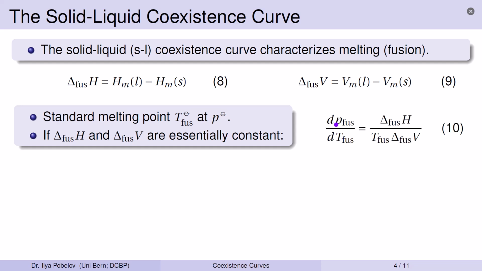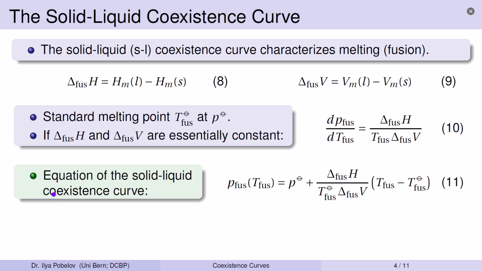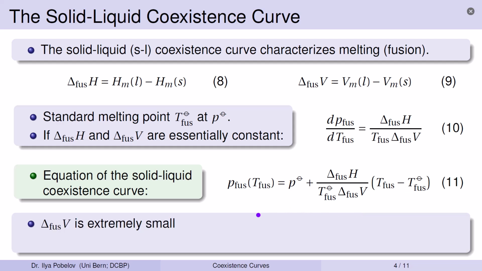We derive a straightforward relation for the slope of the coexistence curve given by this equation. Then the equation of the solid-liquid coexistence curve is given by this expression. One essential observation here is that the change in molar volume accompanying melting is extremely small.